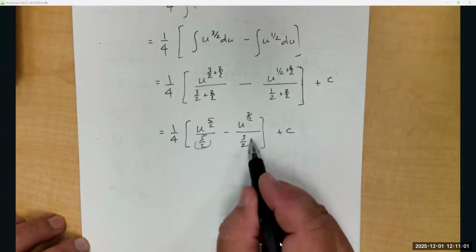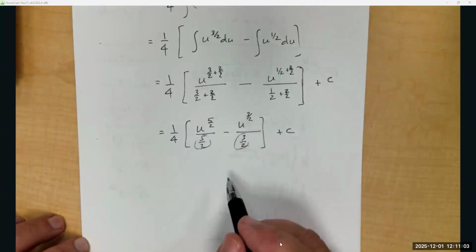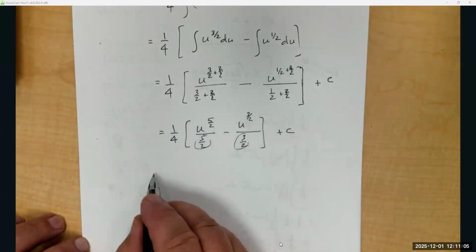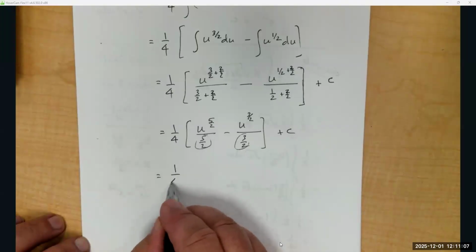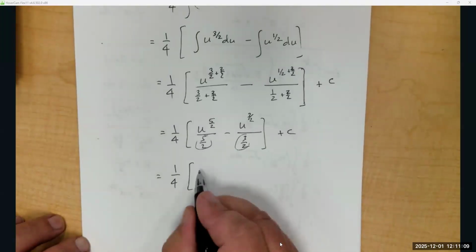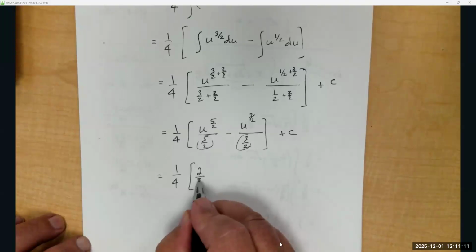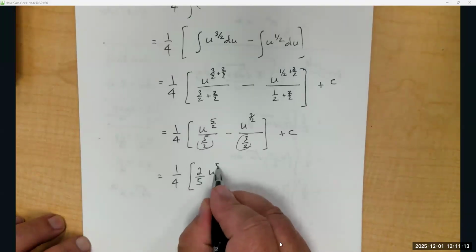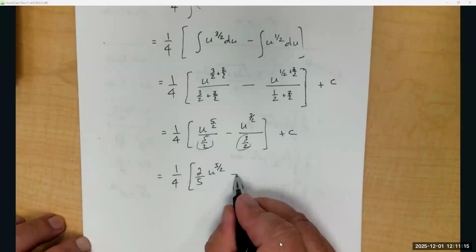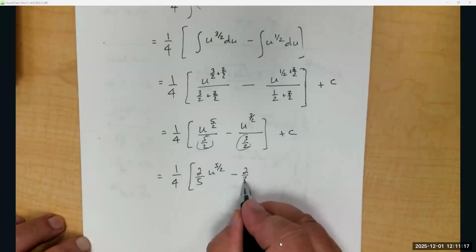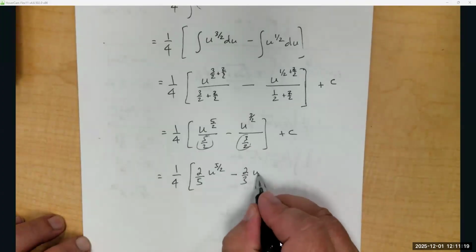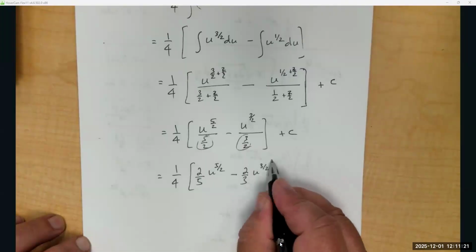Since these are denominators of a complex fraction, a compound fraction, we flip them. So we have 1/4, 2/5 to the 5/2 minus 2/3 to the power 3/2.